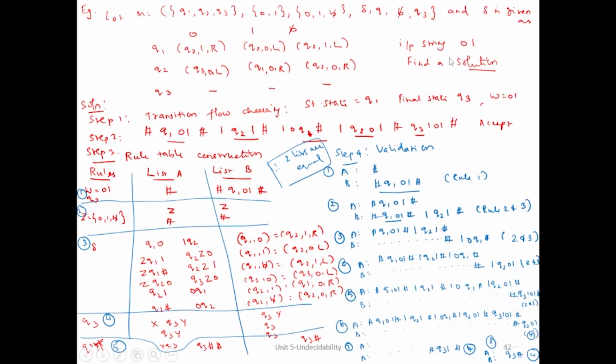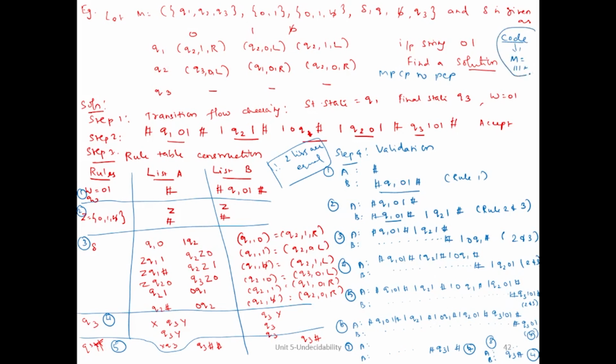If the question is asked like find a solution, it means the solution is the conversion of MPCP to PCP. Instead of that, if the same question is given like this, find a code, or encode the Turing machine, then we should use the encoding format capital M equal to 111 M1 like that.